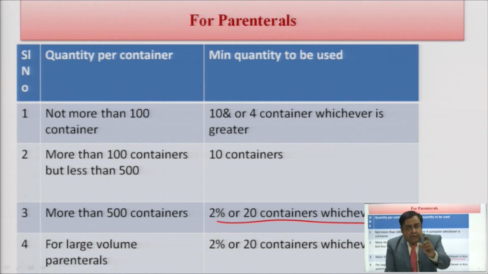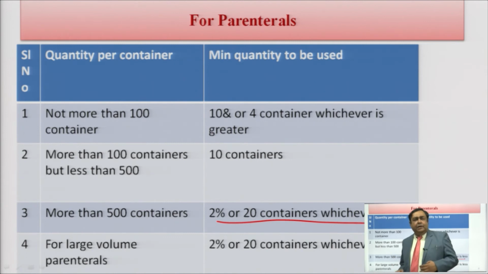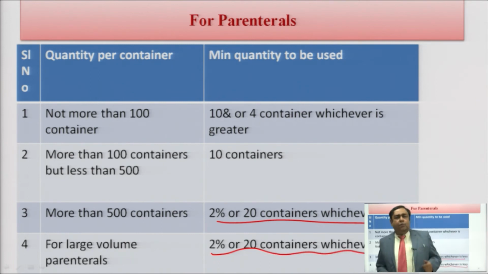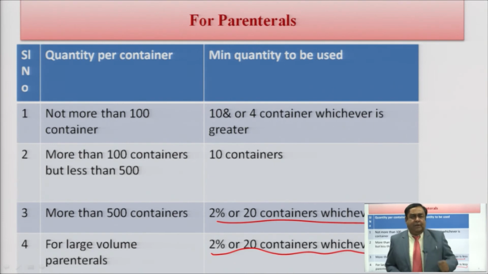If you follow these guidelines for the minimum quantity for test, the result which you get will be reproducible and correct. For large volume parenterals, the same criteria goes. For large volume parenterals, we have to take 2% of the batch size or 20 containers, whichever is less.